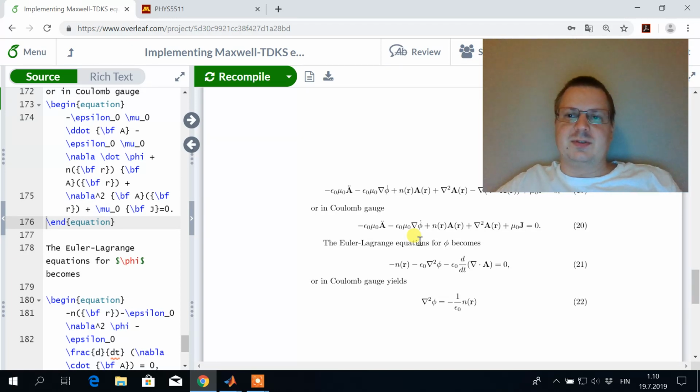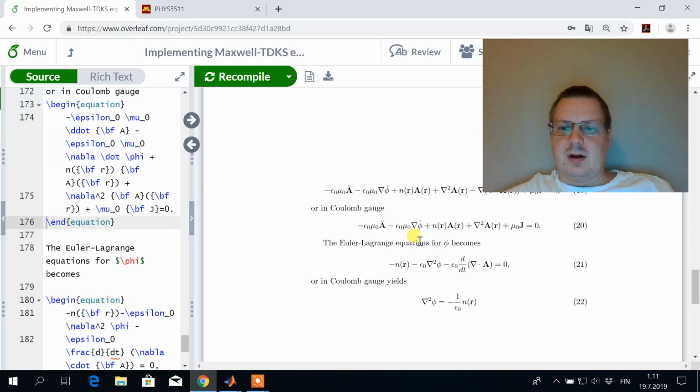There's of course lots of symmetries, and for example Noether currents and so on.